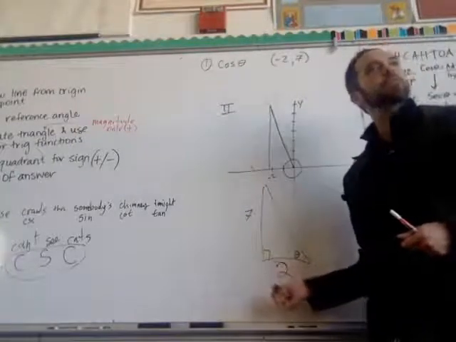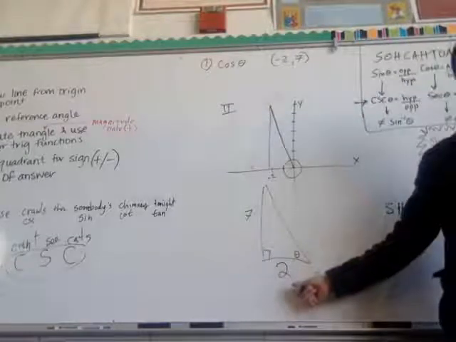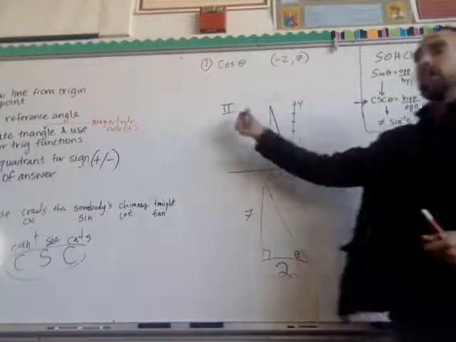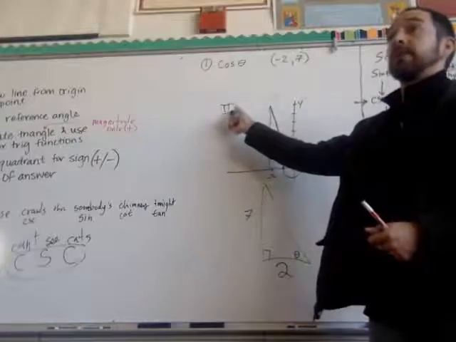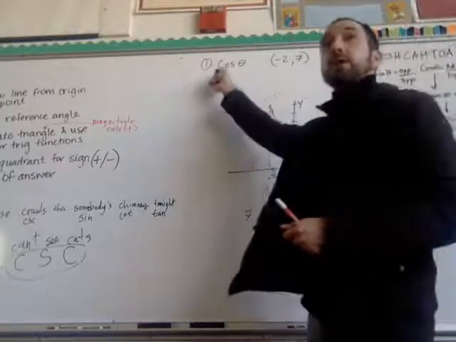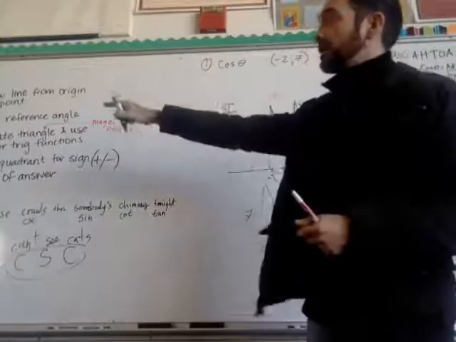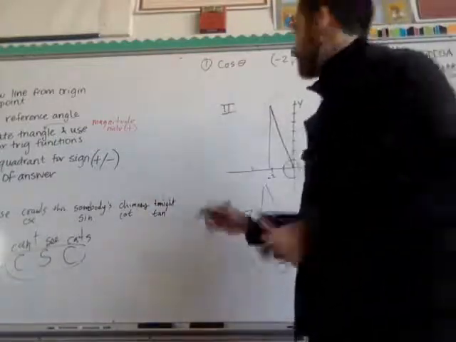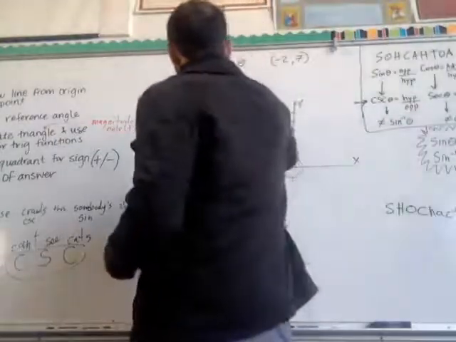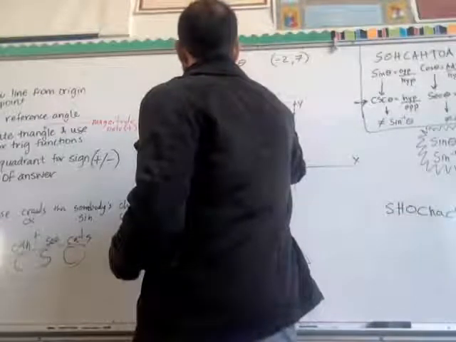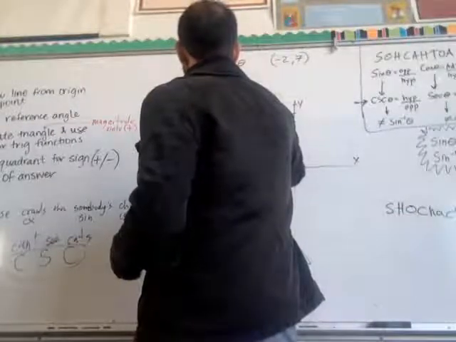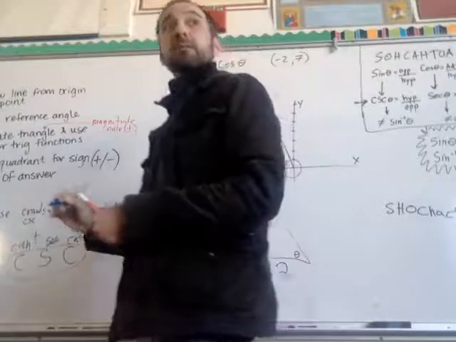Because we lose track of the negative value for the 2, we want to figure out what the answer is going to be just from this information. We're looking for the cosine of theta in quadrant 2. Reference that chart over there. What is my answer going to be? The cosine of theta in quadrant 2 is going to be? Negative. Are you positive?